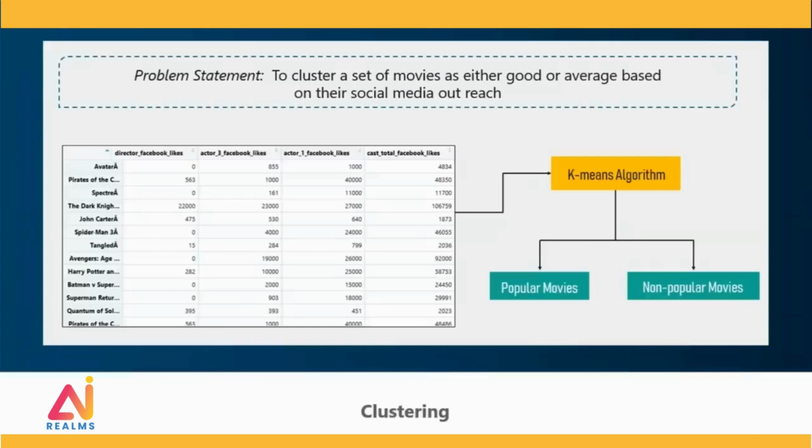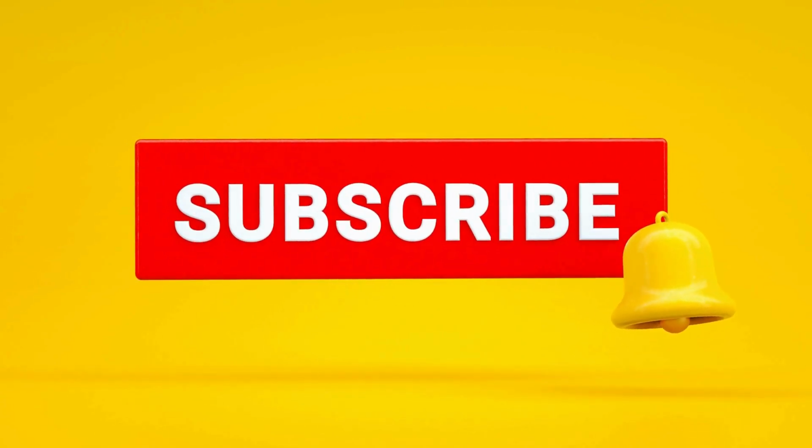Here you can make use of the k-means clustering algorithm, and you can form two clusters. One will contain the popular movies, and the other will contain the non-popular movies. Right? These are small examples of how you can use machine learning to solve clustering problems, regression and classification problems. The key is you need to identify the type of problem first, right?